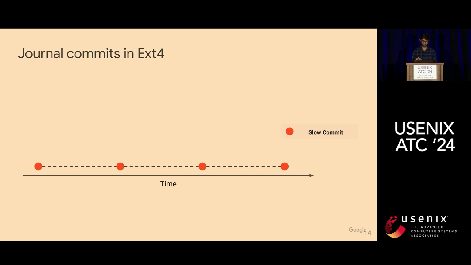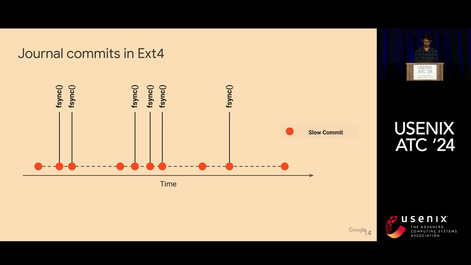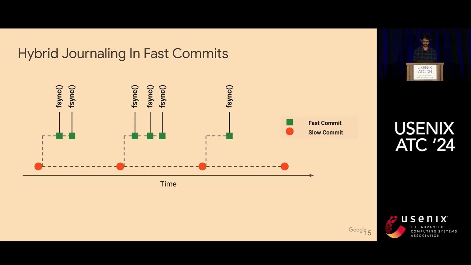ext4 performs journal commits every 5 seconds by default. Additionally, when the user calls fsync, ext4 performs journal commits as well. I'm calling these slow commits because these are vanilla JBD2 commits. In fast commits, we leave the periodic journal commits, the slow commits, as they are, and on fsync, instead of doing a slow commit, we do a fast commit.